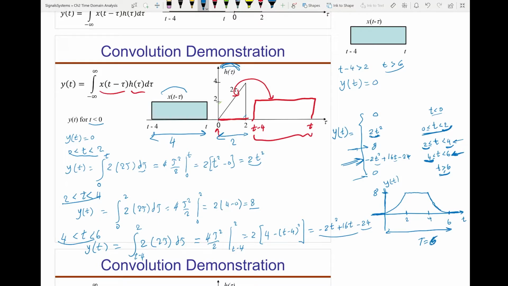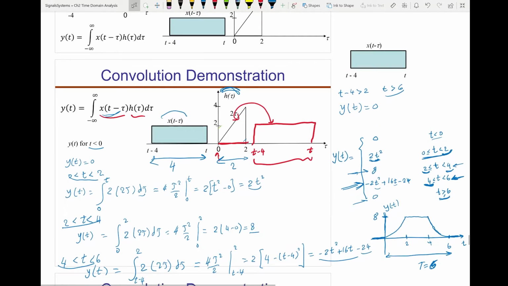Now, sometimes you wonder, why do I have to flip and rotate it? Because if I take another input, let's say the input looks something like this, then we need to find x of t minus tau, which will be done this way, because the first part of the input, the system will be seeing these parts. This is the last thing that the system will see.